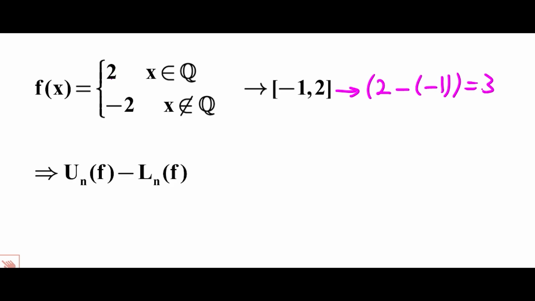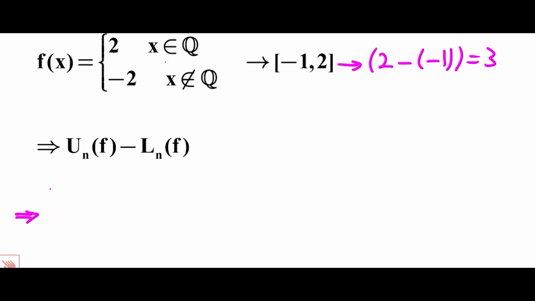Step 2. Identify L1 and L2. In our function, the value for rationals is 2 and for irrationals is negative 2. So our minimum value, L1, is negative 2 and our maximum value, L2, is 2.